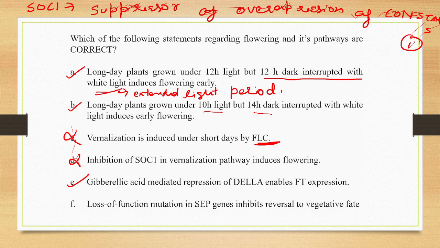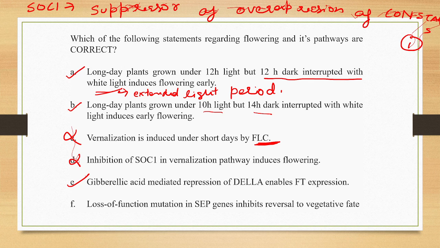But does it lead to the reversal of the vegetative fate? No. See, when the SEP gene is mutated, or there is a loss of function mutation in SEP genes, then the flower formation can be compromised. But it doesn't mean that the plant will revert to the vegetative fate. Only the floral organ identity is affected.